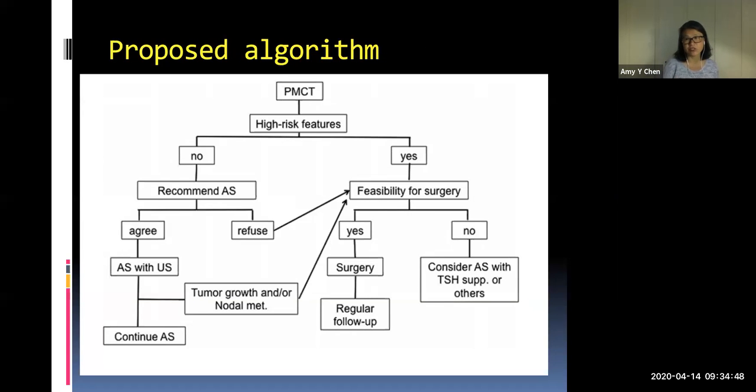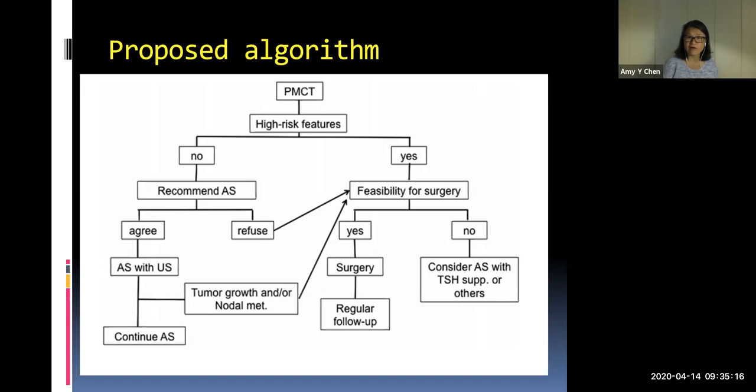So this was their proposed algorithm. If you have a papillary microcarcinoma, you first determine whether they have high-risk features. If no, then you can do active surveillance. If the patient agrees, then you follow them with ultrasound on the left side of the table. You continue to survey them, unless they get tumor growth and or nodal metastasis, then you go back to surgery.